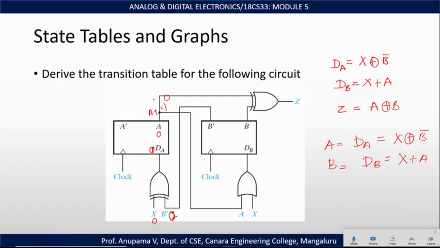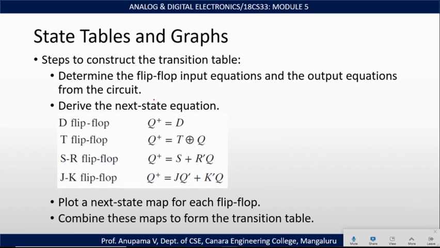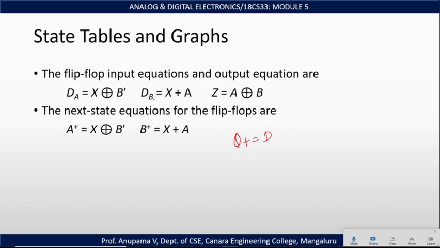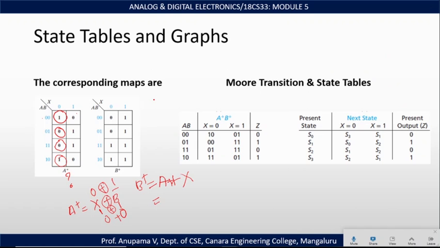The next step is you have to combine the maps to get the transition table. So, how will you combine the tables? See here, when AB is 0 0, x is 0, what is A plus? This is the A plus entry, this is the B plus entry. A plus entry in the first cell is 1.